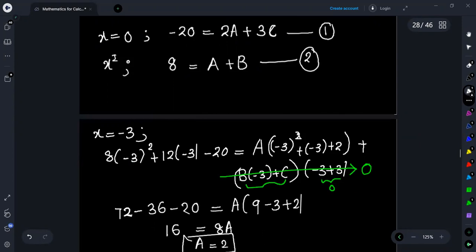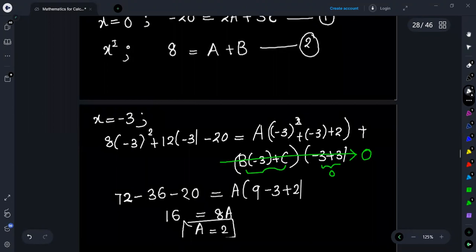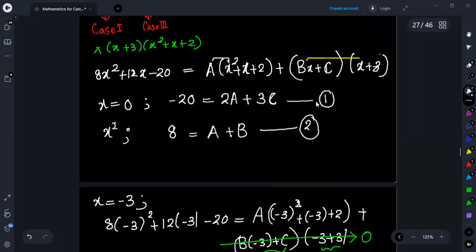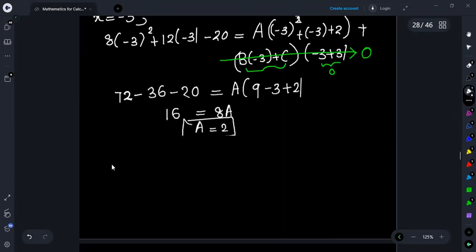So once we have found the value of a, we can substitute the value of a into equation number 1 and equation number 2, and then we can obtain the answer for b and c as well. So starting from equation number 2, if we substitute a by 2, 2 plus b is equal to 8.